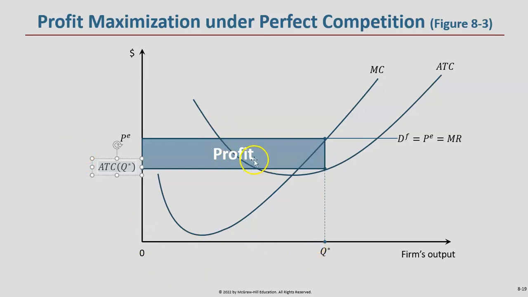So the area of a rectangle is the base, 0 to Q star, times the height, price minus average total cost. And so profit is that shaded in area. Okay, so in this case, since price is greater than average total cost, profit is positive.